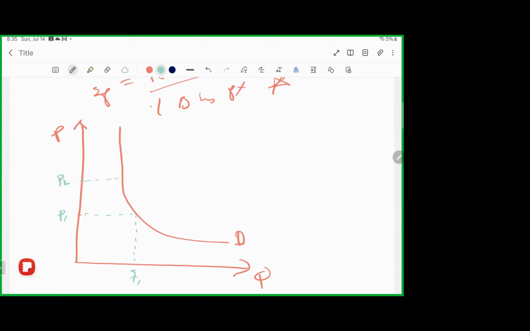What will be the quantity change? It would match the change in price for elasticity to be equal to 1. So what does that mean? It means that if you increase price by 50%, quantity demanded will also fall by how much? By 50%. If you decrease price by 50%, quantity demanded will also increase by 50%.